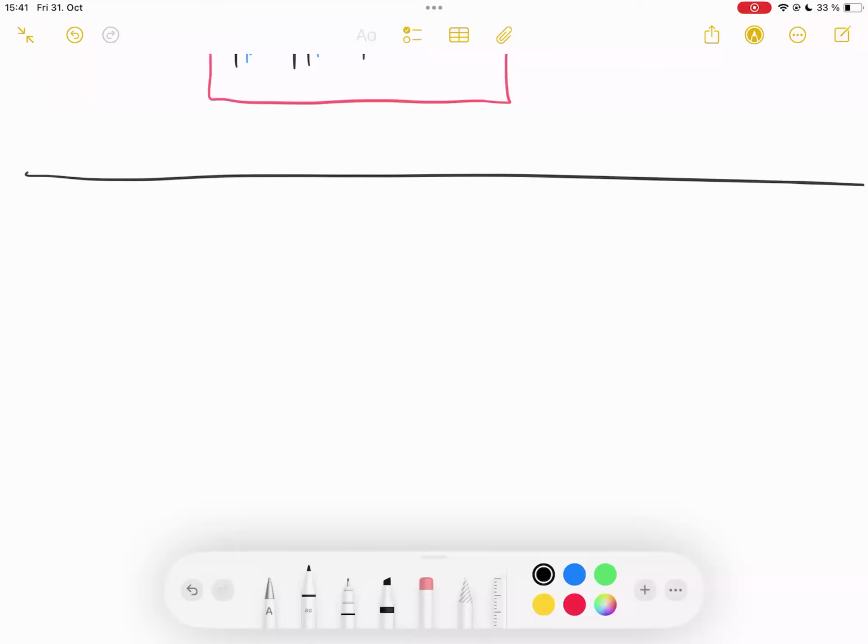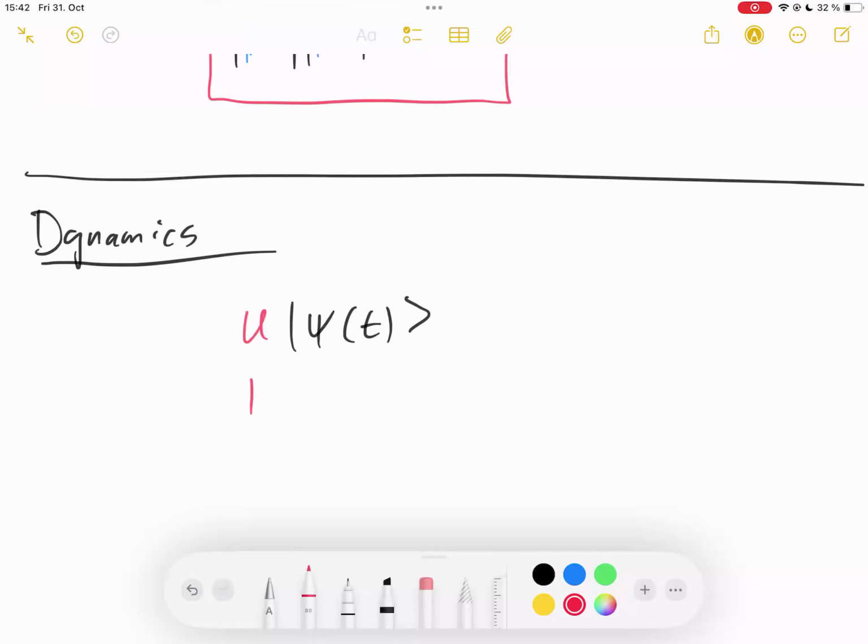So imagine dynamics. We have some state psi at a specific point in time, so at time t. And I will multiply it with a unitary matrix U. So our psi will have evolved into the future.